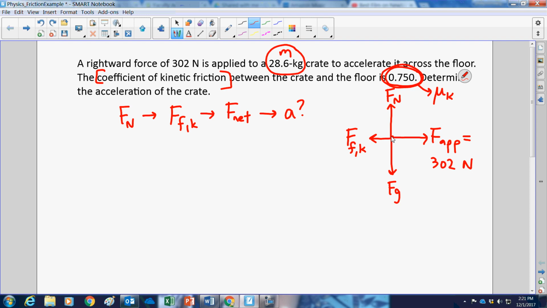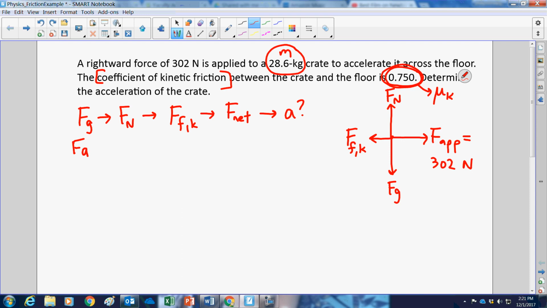And because force of gravity and normal force are canceling each other, if I can find force of gravity, then I'll know what the normal force is. So this is like a 4-step problem. Okay, so first step, and you could almost always do this, is to find force of gravity. That's really easy. Let's do that first.